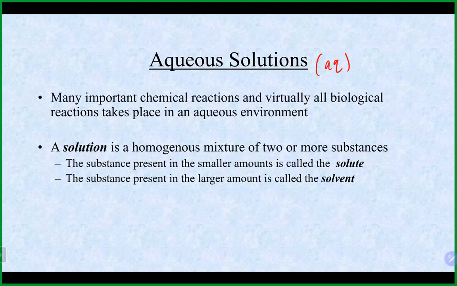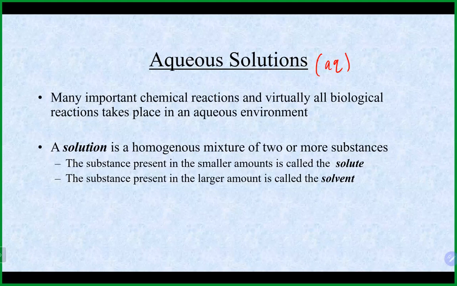And it really means a solution, and a solution is a homogeneous mixture of two or more substances that are together. Homogeneous means that it looks the same throughout, so everything mixes, right? That's different, obviously, than a heterogeneous mixture that we talked about earlier on, where things really do not mix and you see different layers.